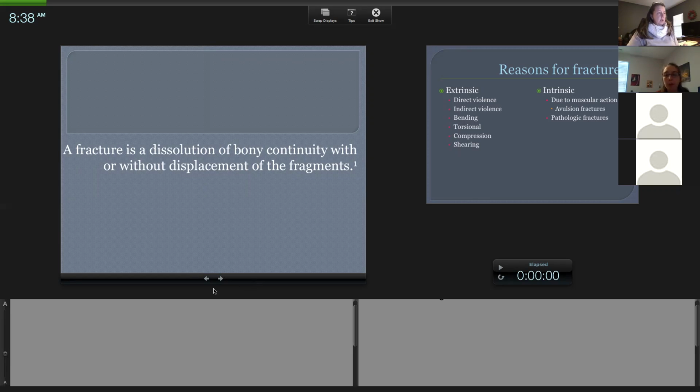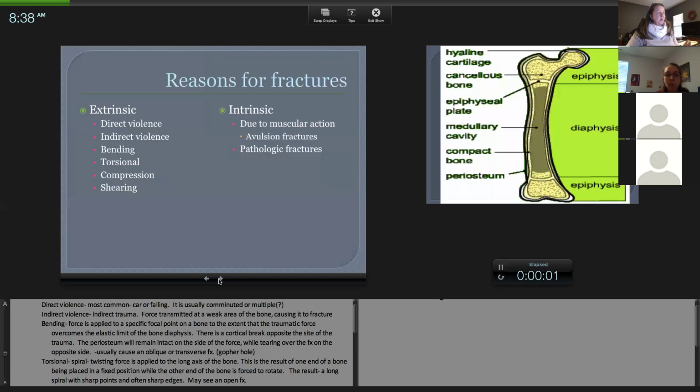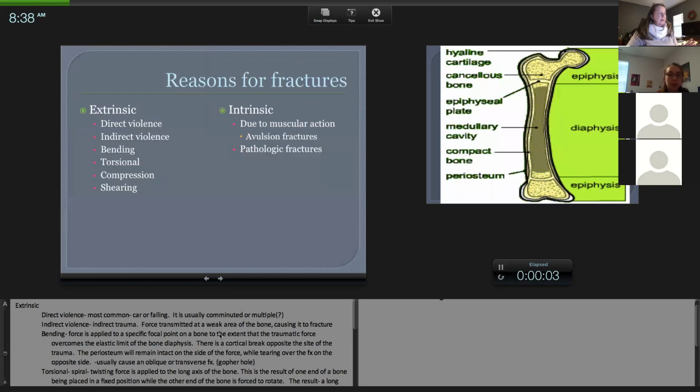This is a good slide because it talks about reasons for fractures, like why do they break a bone? It's either extrinsic, which comes from the outside, or it can be intrinsic, where the reason came from the inside. Probably the most common is extrinsic. Direct violence.